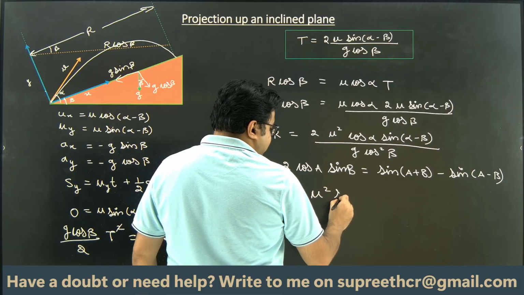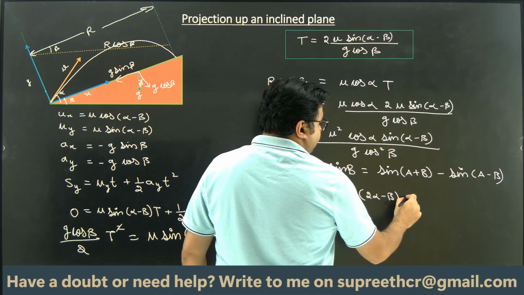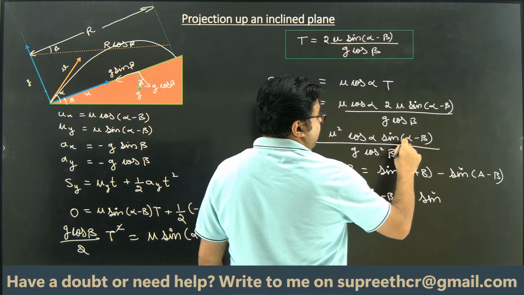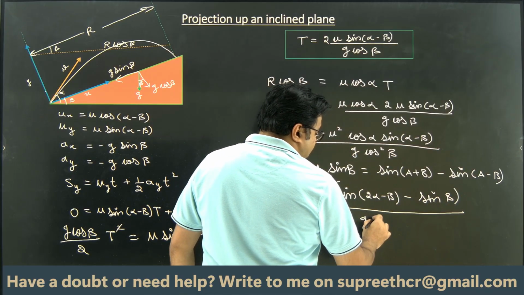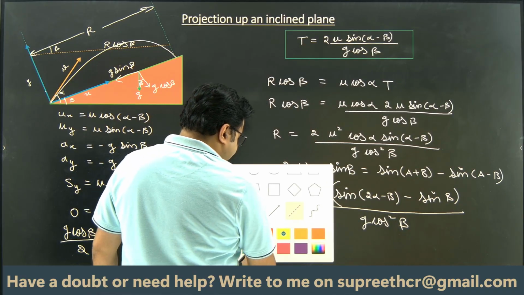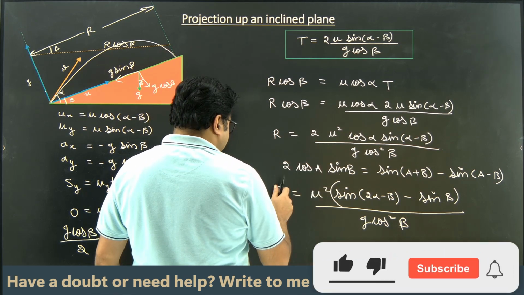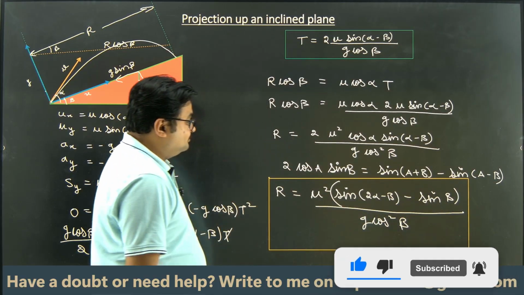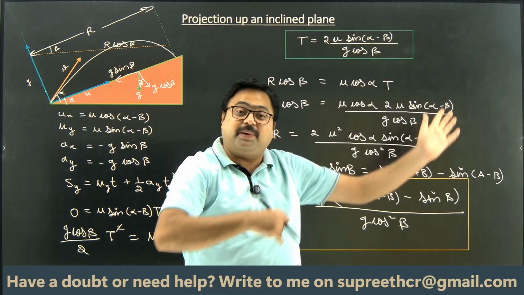You have u square times [sine (2 alpha minus beta) minus sine of (a minus b)], alpha minus alpha plus beta would be just beta, divided by g cos squared beta. That is the equation which we have got to calculate the range. Let me put a box there so that you will remember it before you go to the exam hall. So that's the expression for range for a projection up an inclined plane.